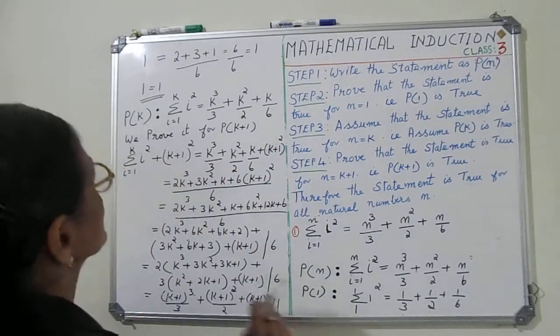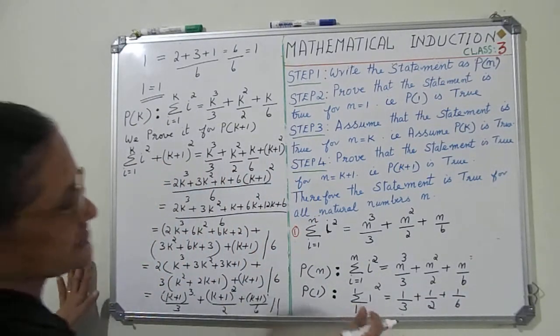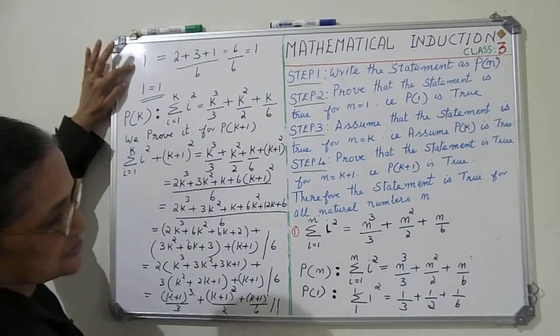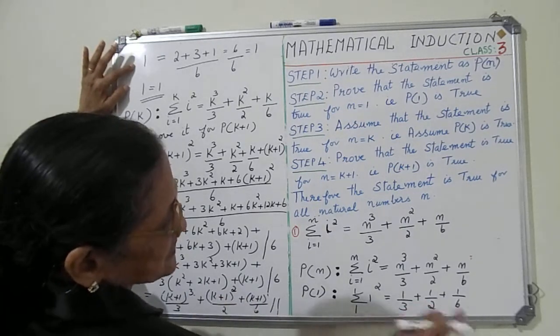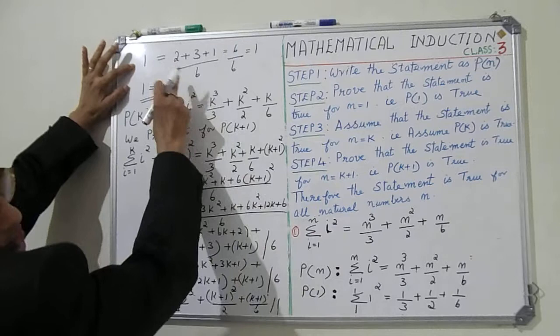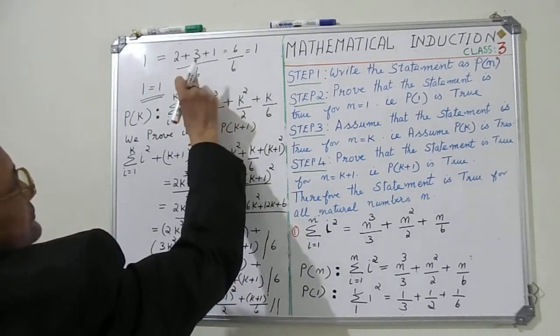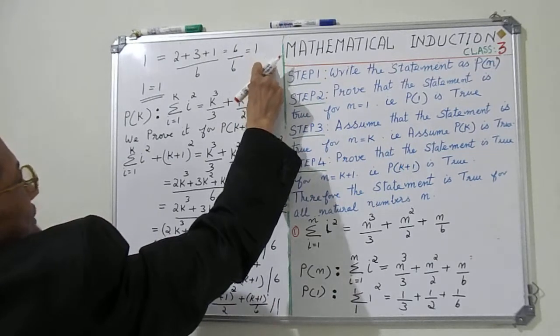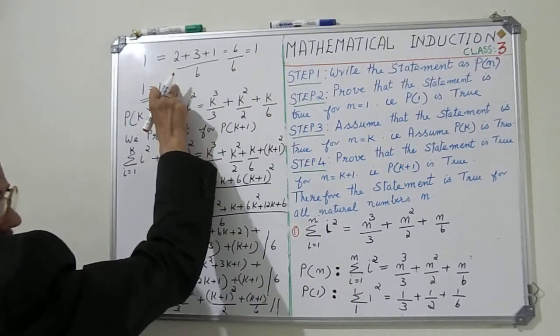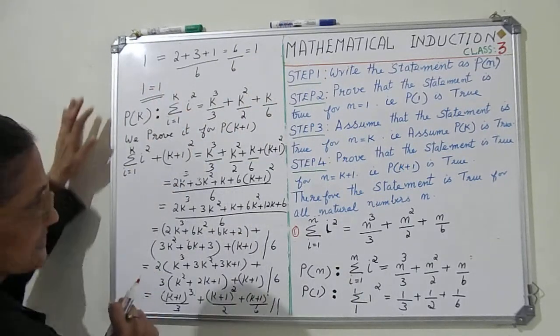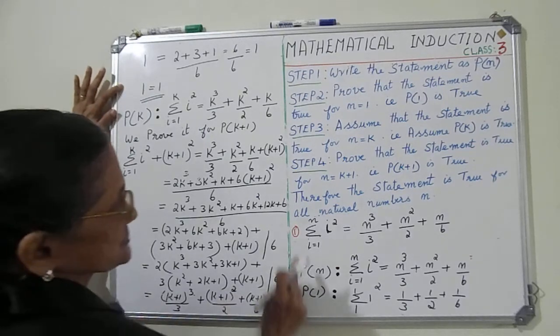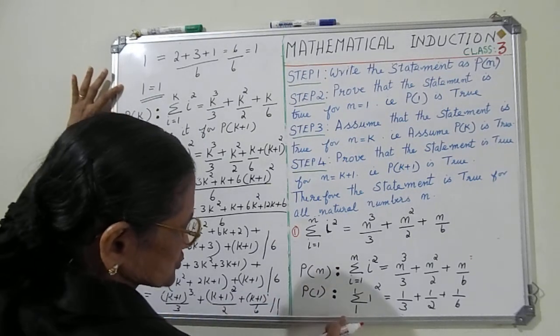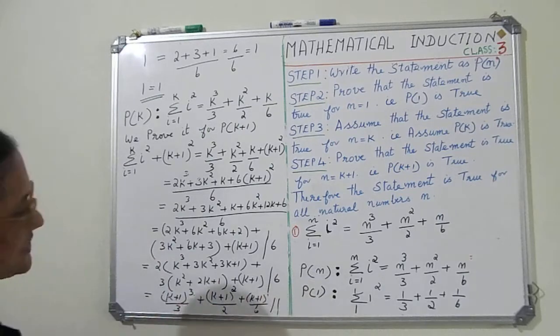Now sigma from 1 up to 1 of i square is equal to 1. And what is the term on the right hand side? That is 2 plus 3 plus 1 upon 6, that is 6 upon 6, which is equal to 1. That is 1 equal to 1. The left hand side is equal to the right hand side. That means the given statement is true for n equal to 1.